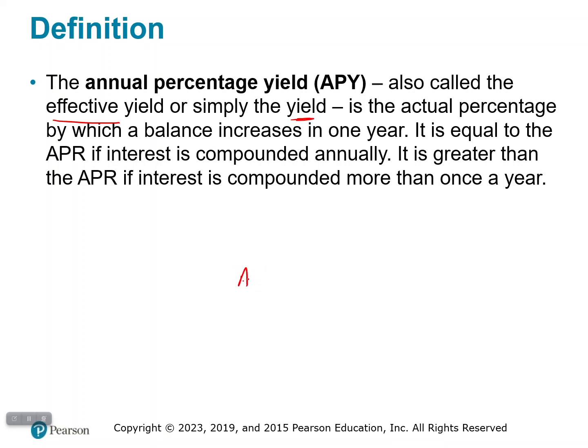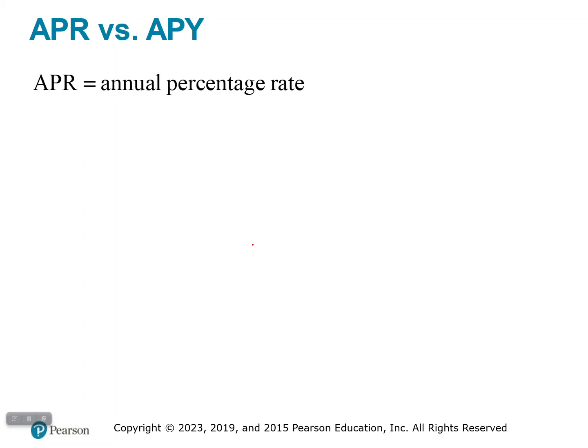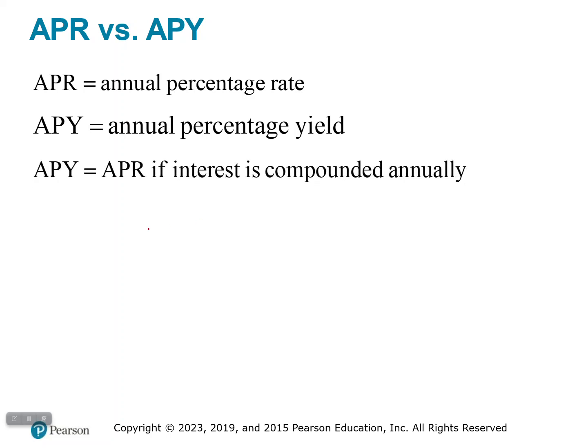We're going to just say it here. APR is the annual percentage rate. APY is the annual percentage yield. All right, so the annual percentage yield is equal to the annual percentage rate if the interest is compounded annually.